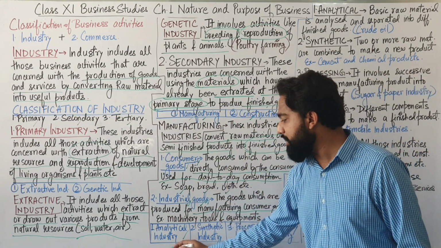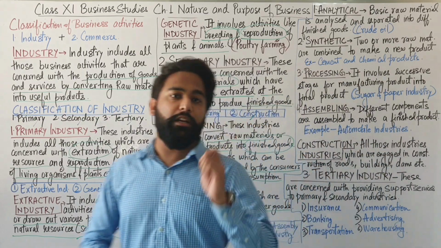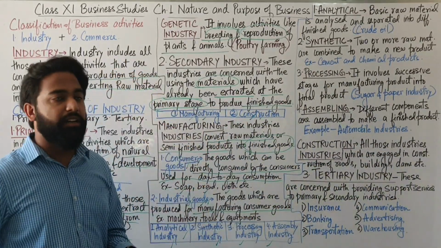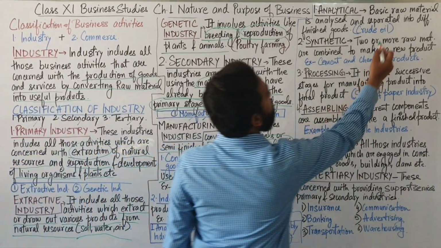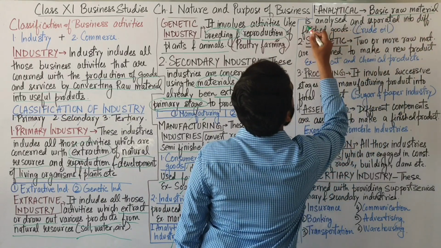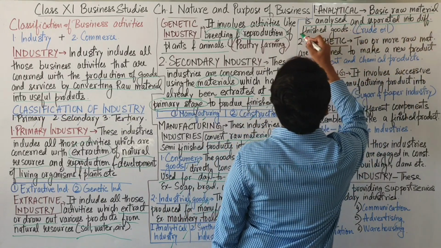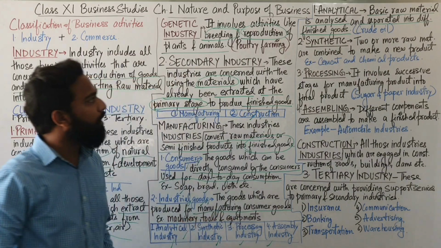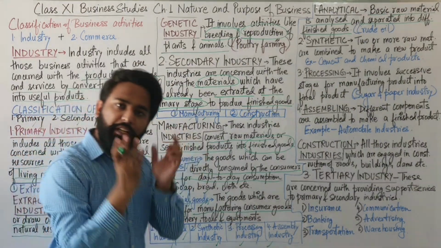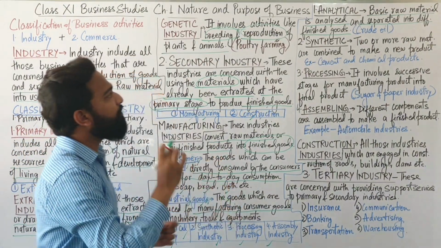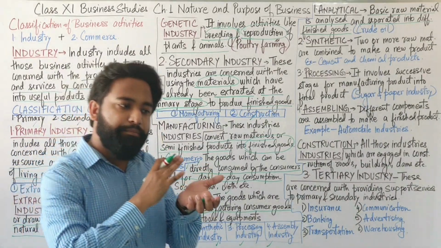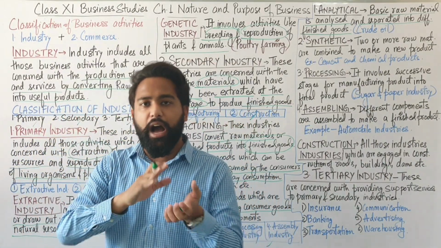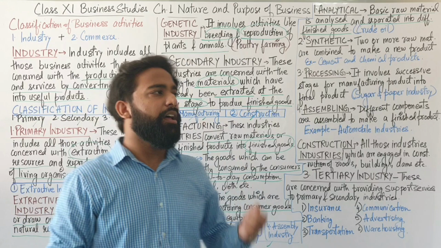Now we are studying the manufacturing industries and its types. The first one is analytical industry. What are analytical industries? Basically, a basic raw material is analyzed and separated into different finished goods, and many different components are separated from that raw material.